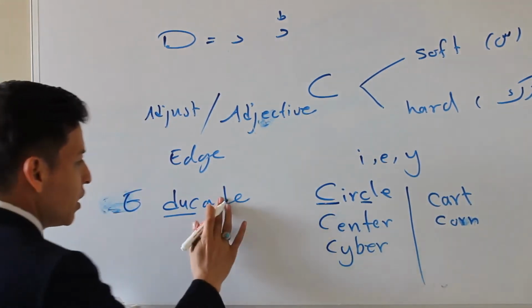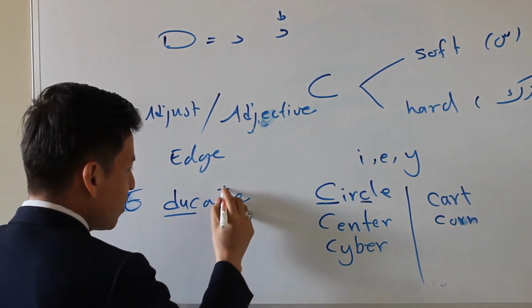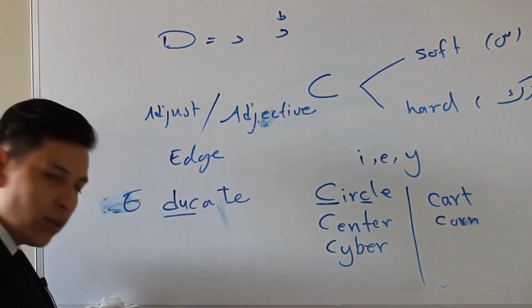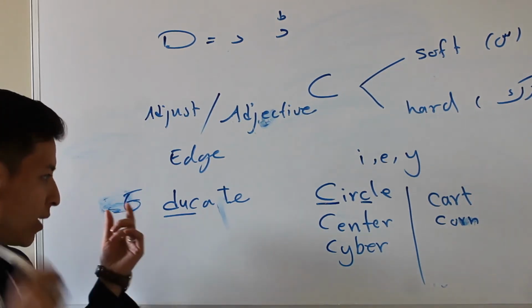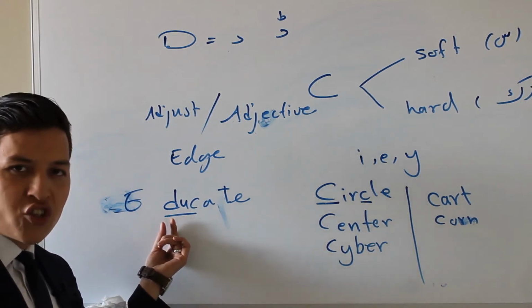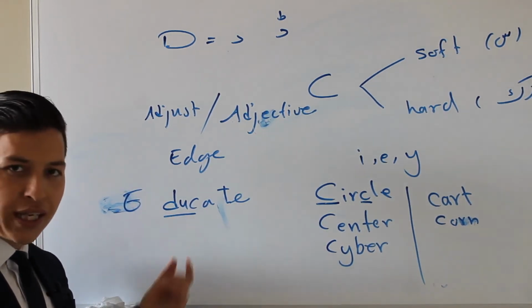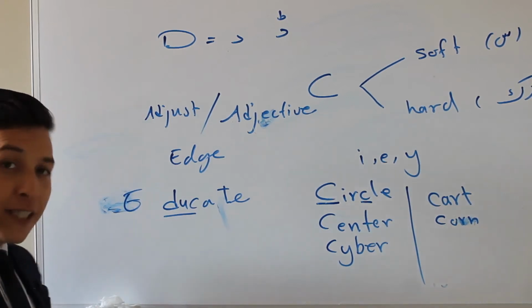Like educate. So the word educate in here, it is not "ed-ucate", it is "ej-ucate". So if we use U after D, it will have the sound of J, like educate, like education. Okay, so this is about letter D.